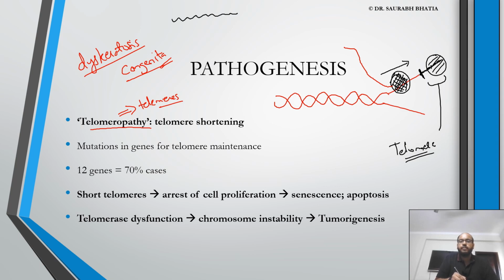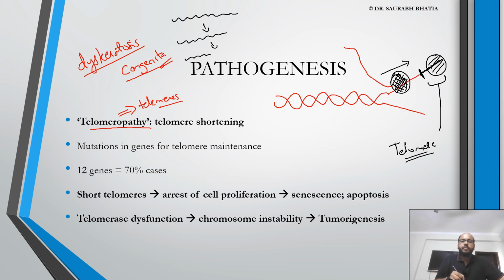That means you have this amount, and when one replication happens, the telomere gets shortened. Another replication, the telomere gets shortened. So with every replication, the number of nucleosides making the telomeres gets lesser and lesser, and the entire length of telomere gets shortened with each replication cycle.